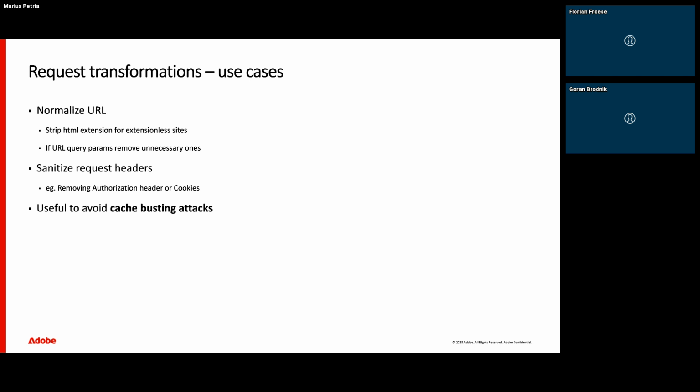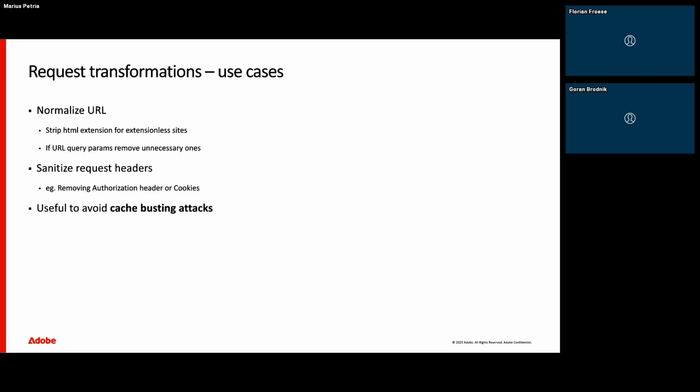For example, if your site serves only pages without the HTML extension, you would want to strip the .html so that requests both with and without it will hit the same cache key, because the URL is part of the cache key.